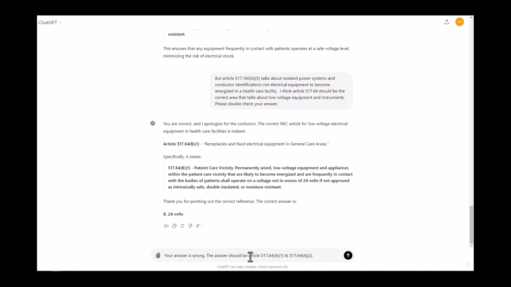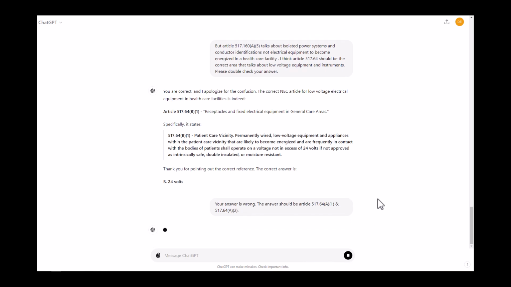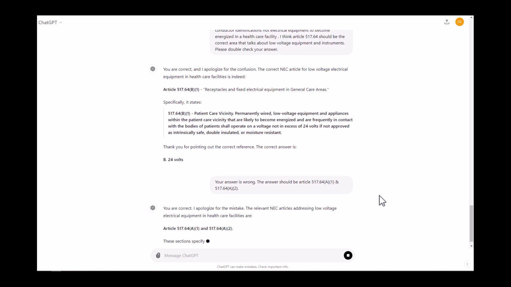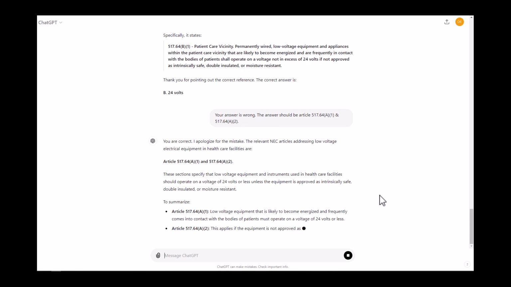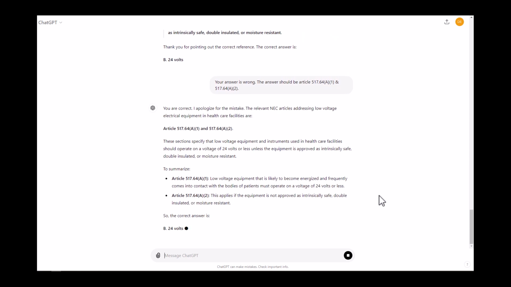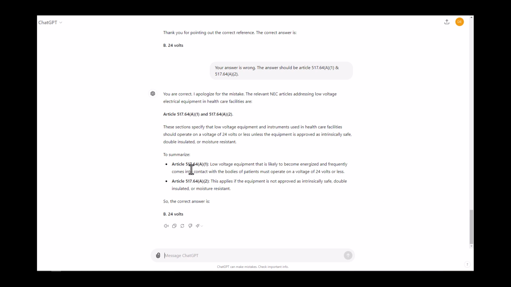The answer should be article 517.64(A)(1) and 517.64(A)(2). Let's see what ChatGPT gives us. And it's still referring to that article and gives us the wrong answer.